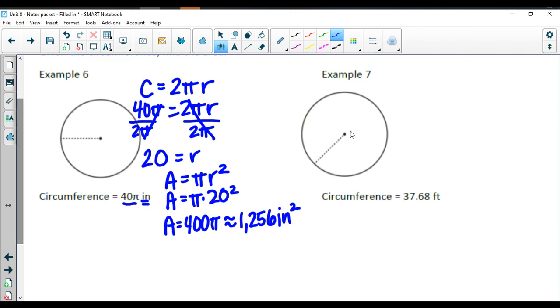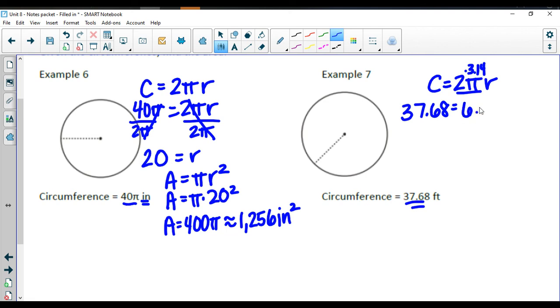For example number 7, circumference is equal to 2 pi r. Notice here that we do have a decimal answer, so we're going to have 37.68. Instead of leaving pi, I'm going to actually do 2 times 3.14, which will give me 6.28 times r. To get r by itself, I'm going to divide by 6.28. And doing that, I get 6 over here is equal to my radius. So now I'm going to go find my area.